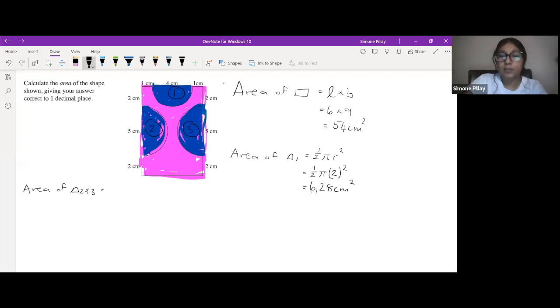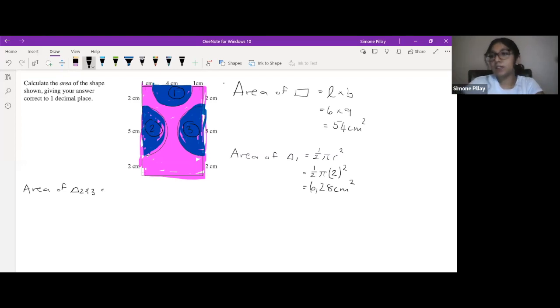Do you agree with me that they are going to be the same? Yes, ma'am. So I'm going to do the area of a semicircle, and then I'm just going to multiply it by 2 because I have 2 of the same semicircles. Are you okay with that? Yes, ma'am. Okay. Just hold on for me super quickly.